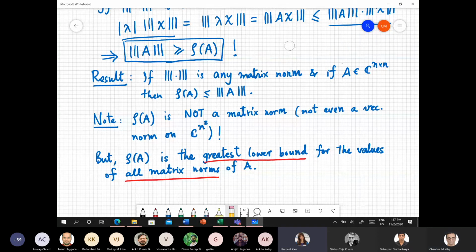Sir, I didn't get the concept of the amplification that a matrix can give. So that's a side point. We'll come back to that later.